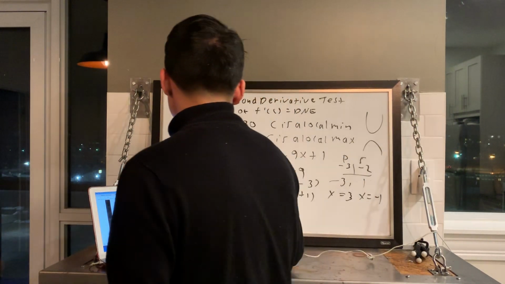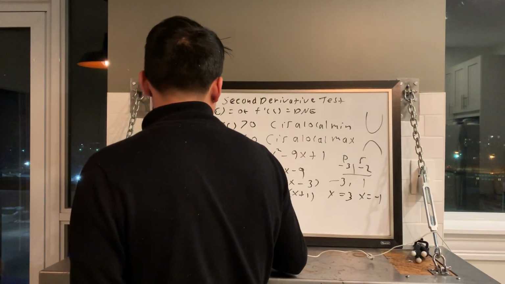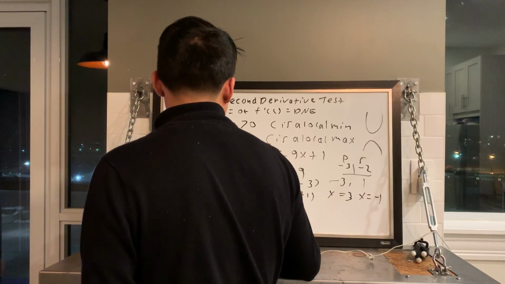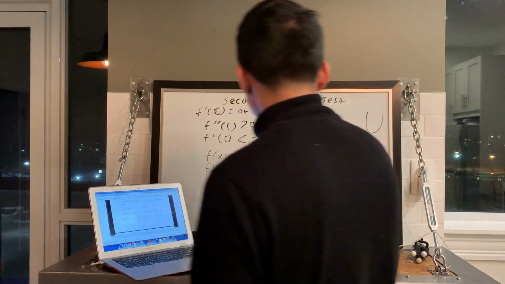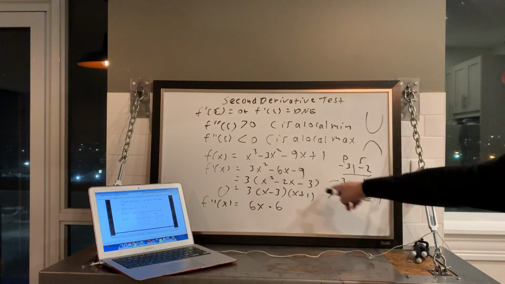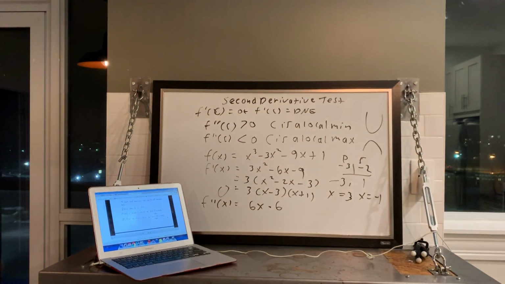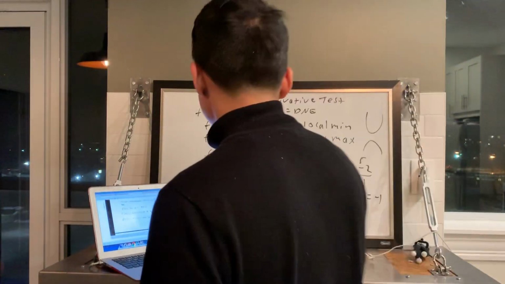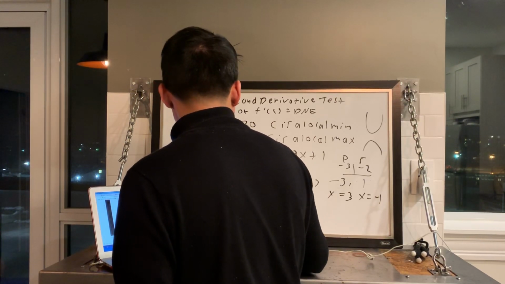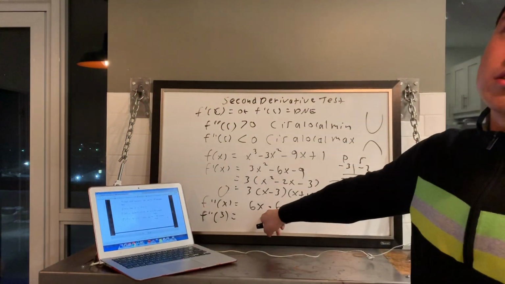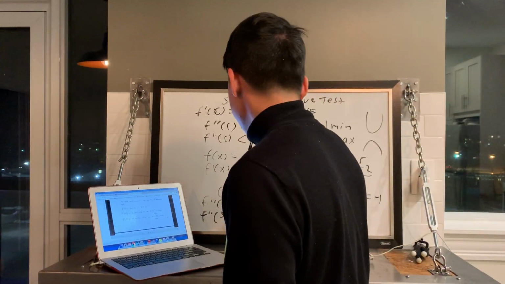So f double prime of x is just going to be 6x minus 6. Okay? So I sub these critical points, which made the first derivative 0 or not exist, into the second derivative. So we go f double prime of 3. That's like putting 6 times 3, which is 18. It's positive, right?